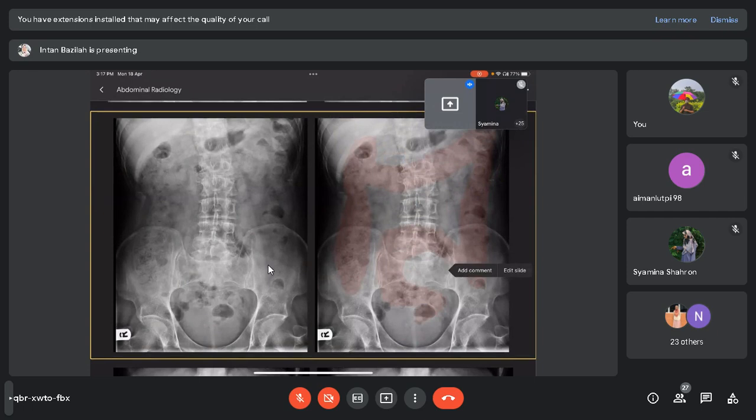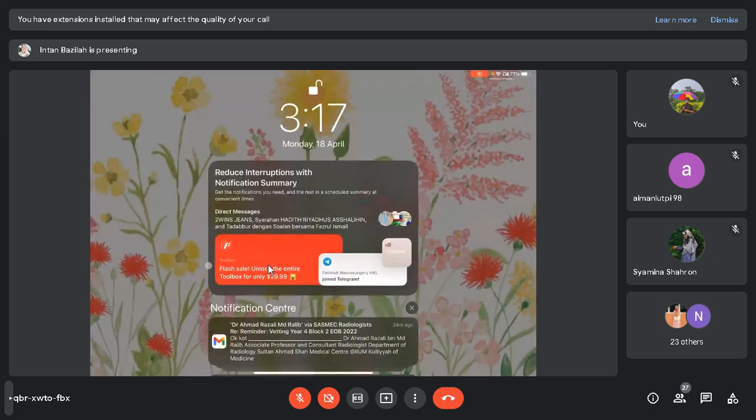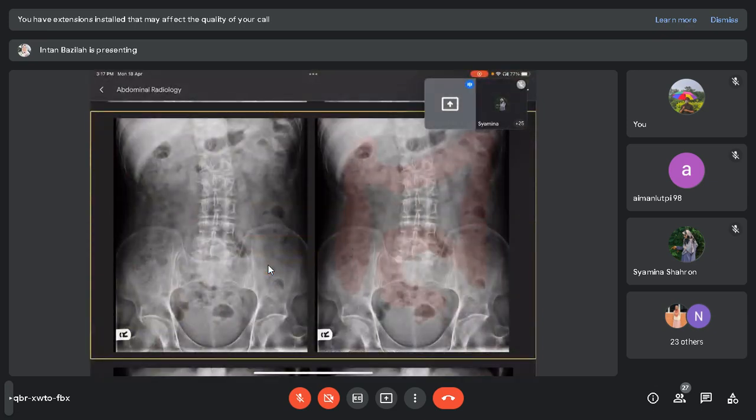Okay, so for bowel gas distribution, the red one is the large bowel.